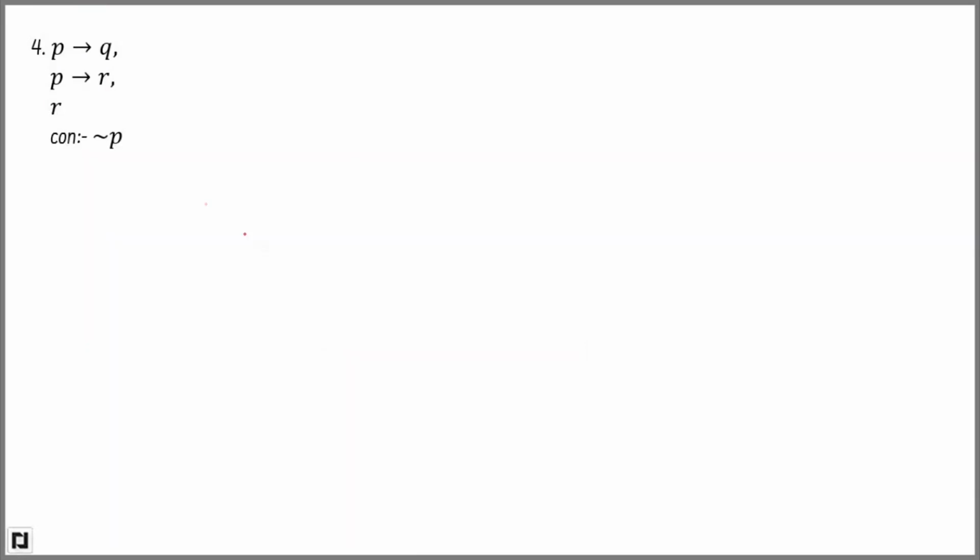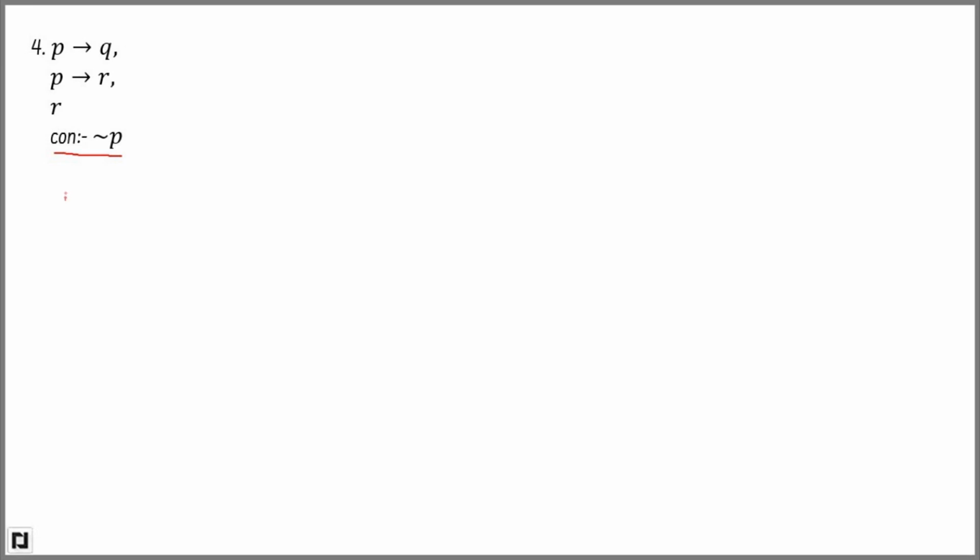Now this is our last example. Here we have a question which has first statement P implies Q, next is P implies R, the third one is R, and the conclusion is negation of P. For proving whether this is a tautology or not, first we have to convert it into a conjunctive normal form.